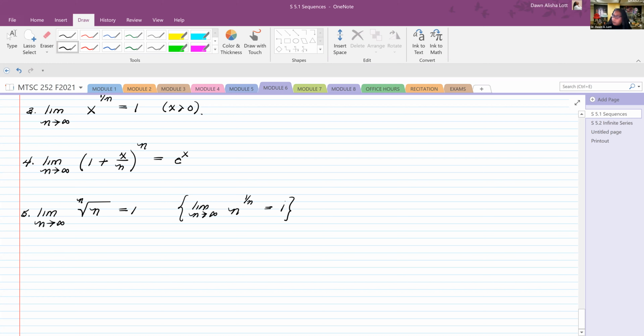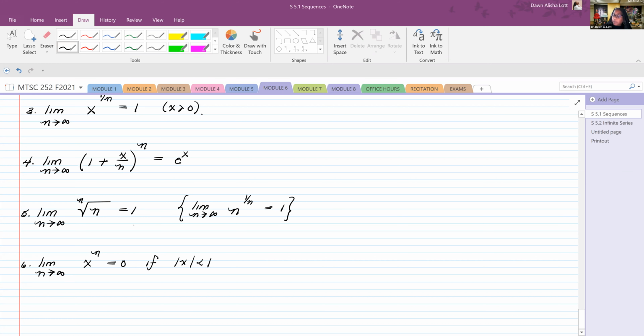Okay, number 6, the limit as n goes to infinity of x to the n is equal to 0 if the absolute value of x is less than 1.